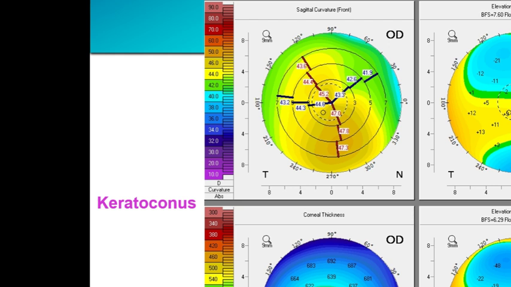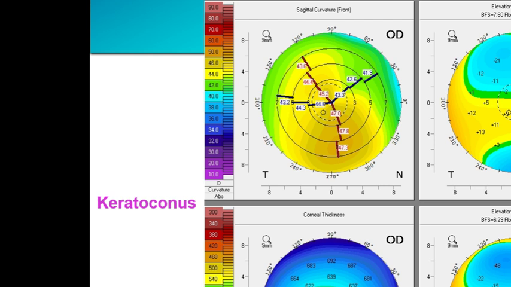We have to look at the elevation map displayed in best fit sphere, not best fit toric or ellipsoid, 8 millimeter diameter. This is the standard. We look at this symbol, the small circle here, which corresponds to the thinnest location, and we look at the number nearby or on it. In this case, it is plus 31. Plus 31 is very high.